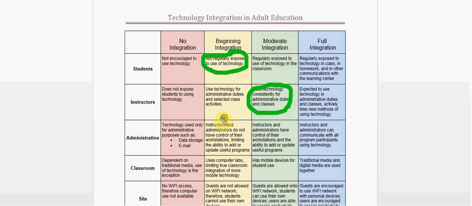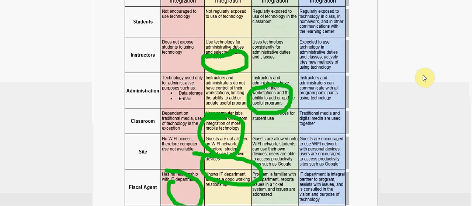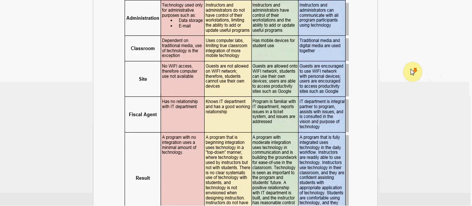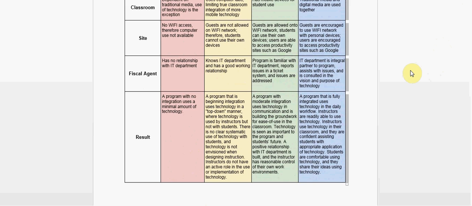It's going to give you a level for administration, classroom, site, and, of course, it's going to give you an overall result. And it's going to say beginning integration, full integration, or whatever best fits your program at the moment.